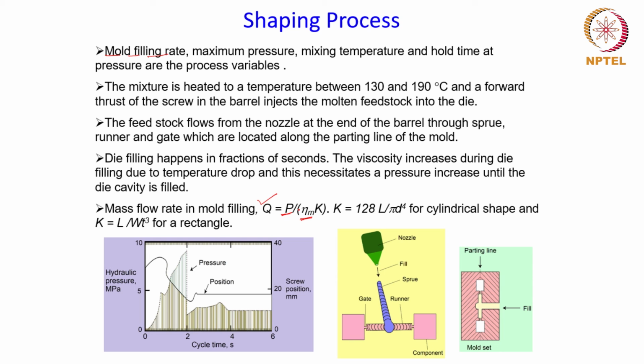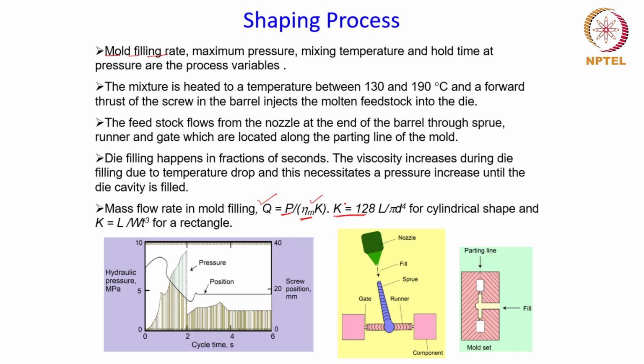And apart from that, the geometry of the part will also have an influence, because how the mold will be filled, that will of course depend on the geometry of the mold, right? So this parameter k that you have over here, that takes care of the geometry.